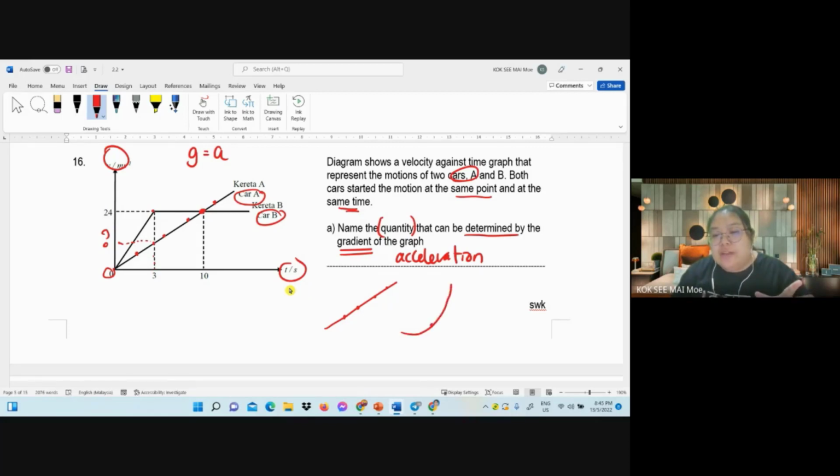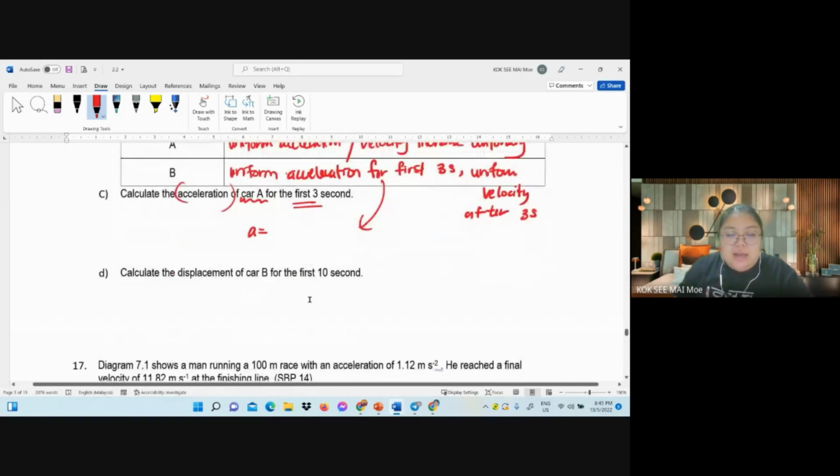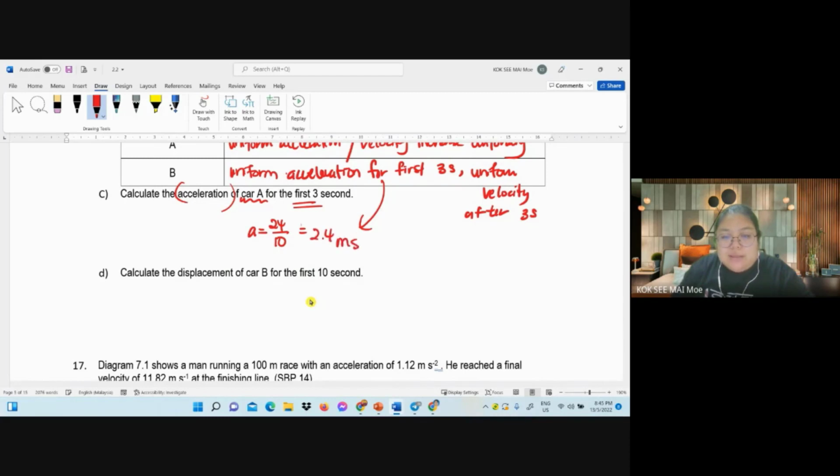You cannot say the first point and the last point give the same gradient, because the gradient keeps changing. This gradient is constant. So the question never gives you the velocity reading at 3, so we just use 10 to find the gradient. So I get 24 over 10, and my answer is 2.4 ms^-2.